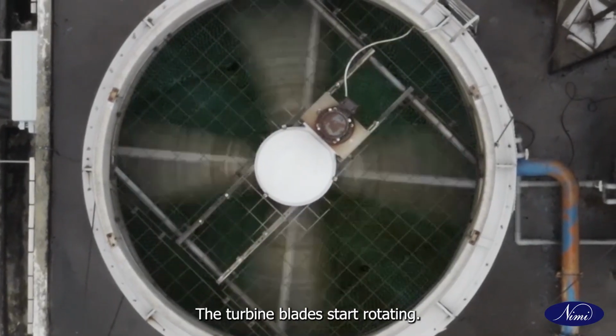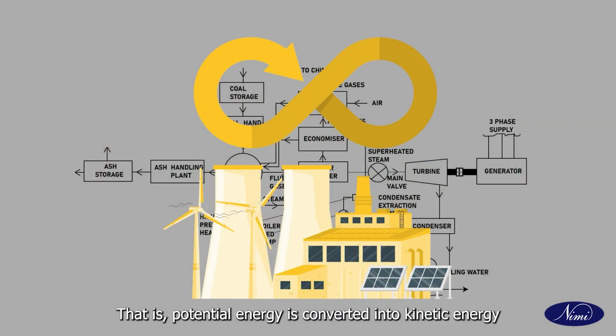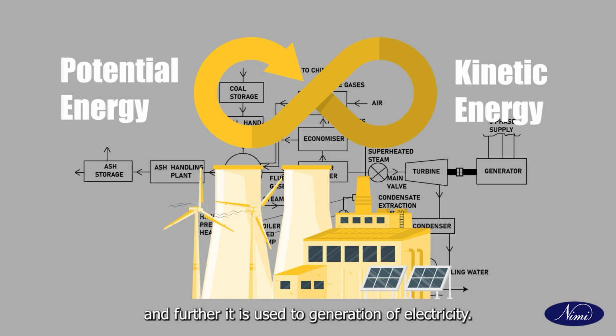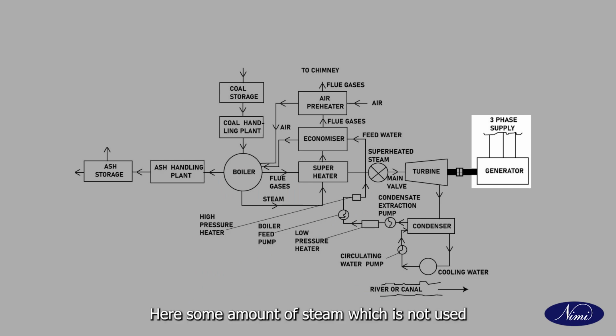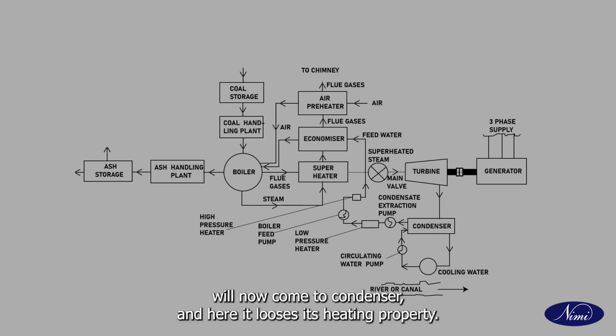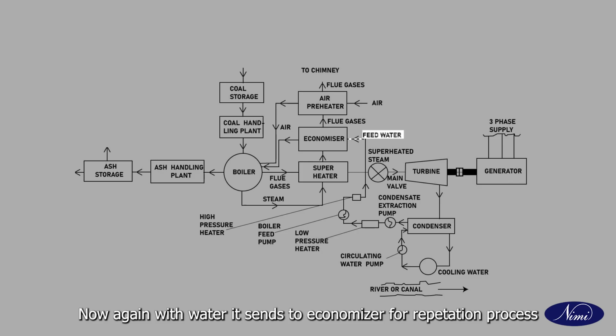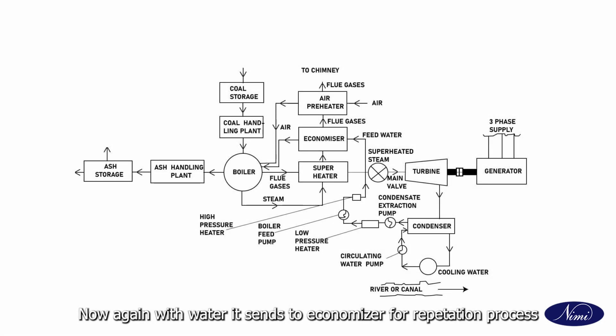The turbine blades start rotating. That is, potential energy is converted into kinetic energy and further it is used for generation of electricity. Here, some amount of steam which is not used will now come to the condenser and here it loses its heating property. Now, again as water, it is sent to the economizer for the repetition of the process.